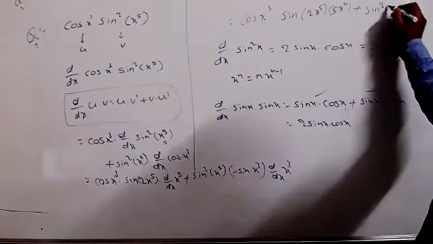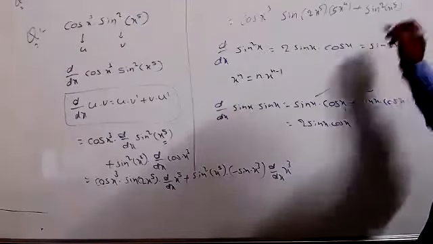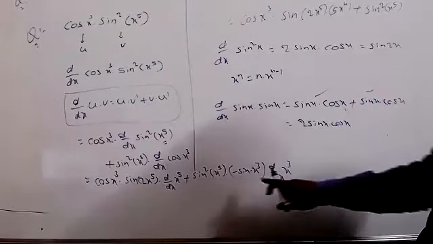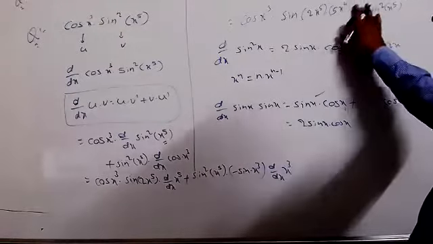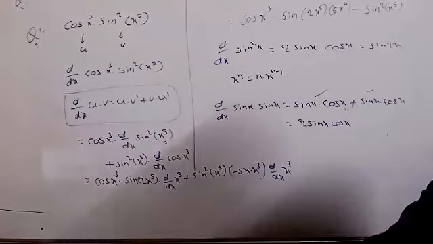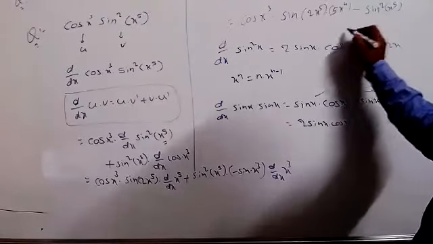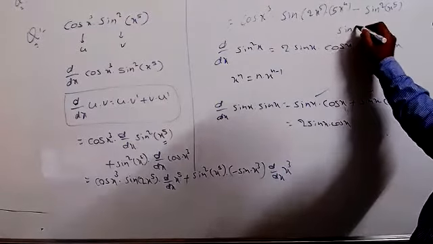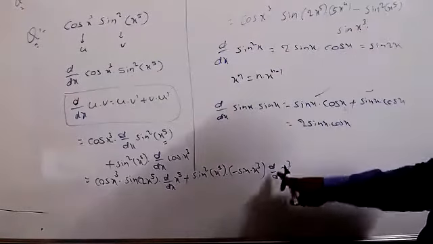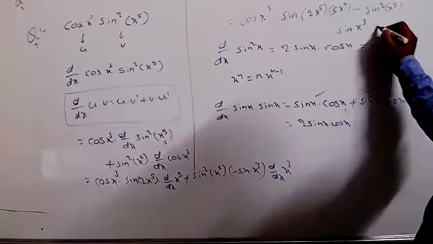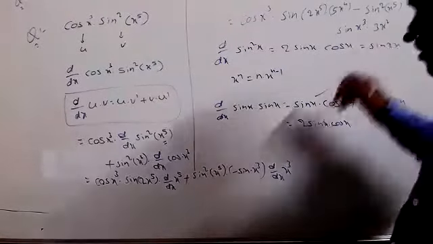But actually plus into minus, here we will get minus sin square x power 5 into sin x cube into the differentiation of x cube, equal to 3x square.